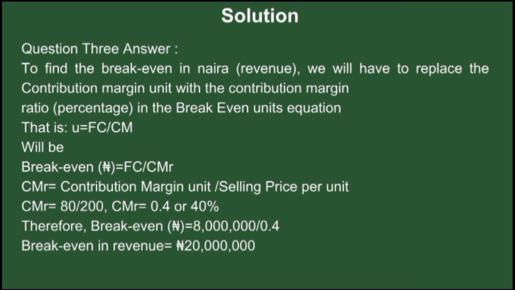So CMR is equal to 0.4 or 40%. Therefore, break-even in naira will now become 8 million naira divided by 0.4. So break-even in naira, or revenue, is equal to 20 million naira.